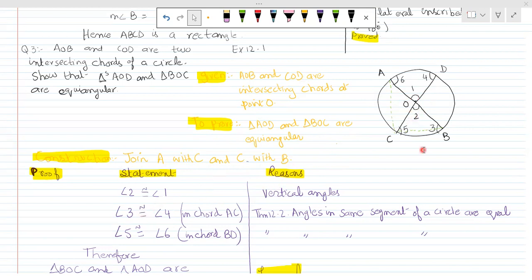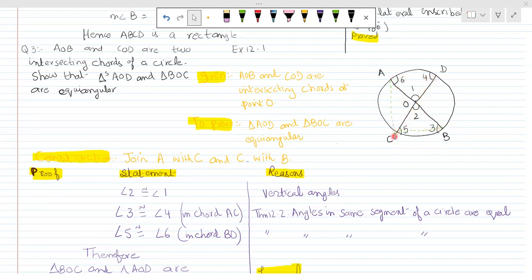Now if we take this AC as a chord, in this segment we have angle 3 and angle 4.